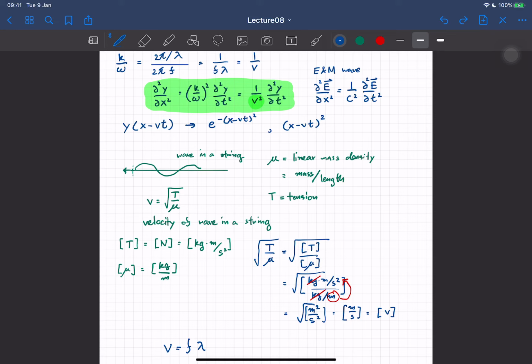Let me just run it. It looks a little bit different because the wave is not really going left or right. It's just standing there. But what I want to show is the relation between the black graph, which is the particle displacement graph, and the red one, which is the pressure or the compression of the air molecules.